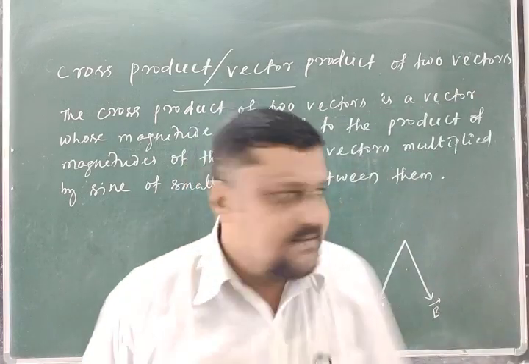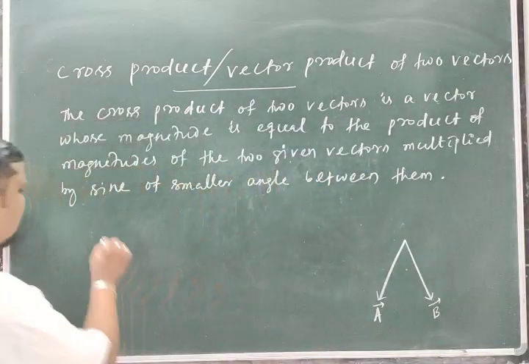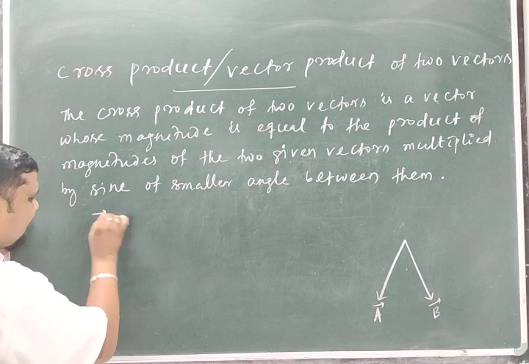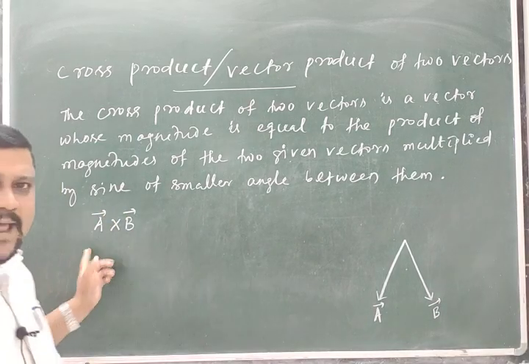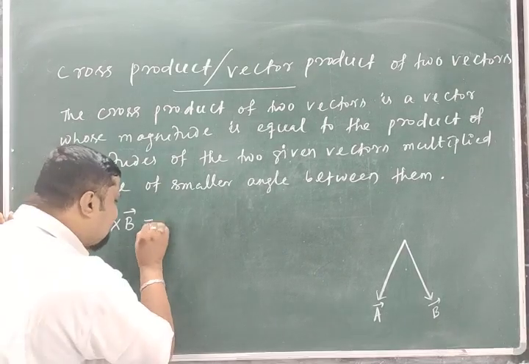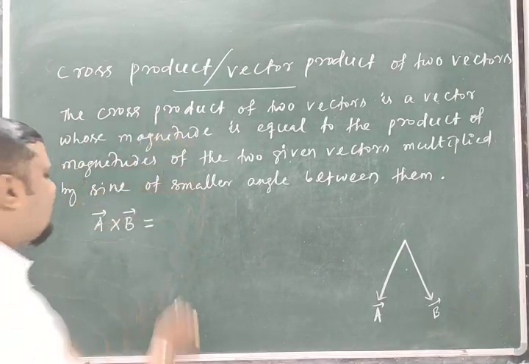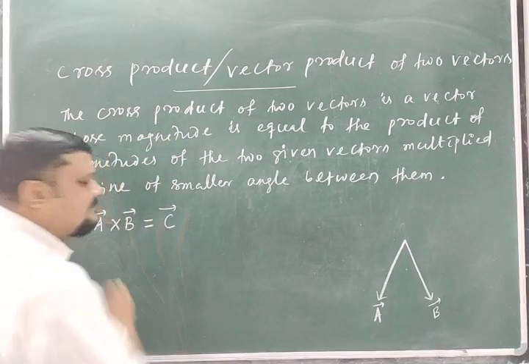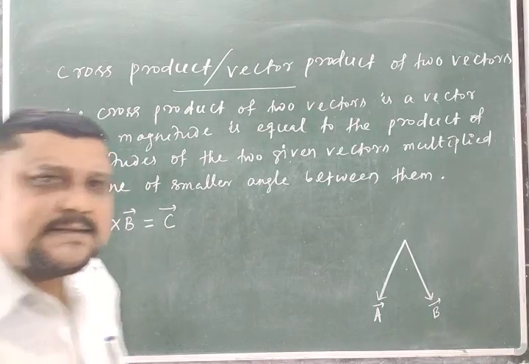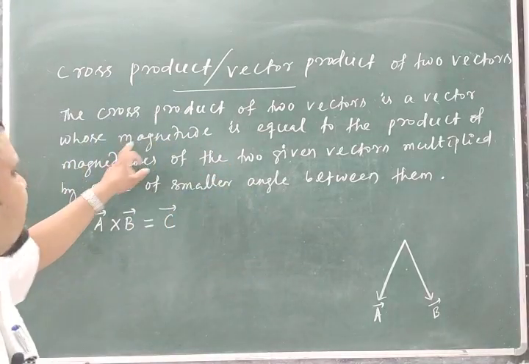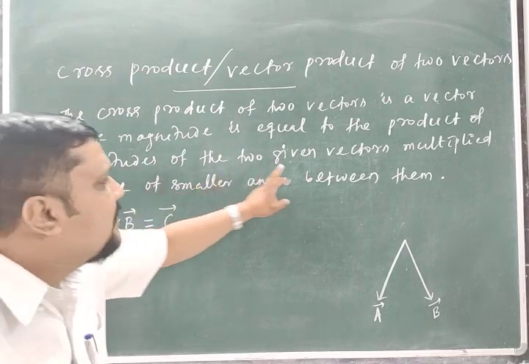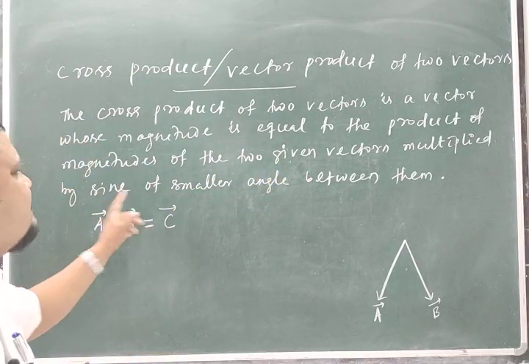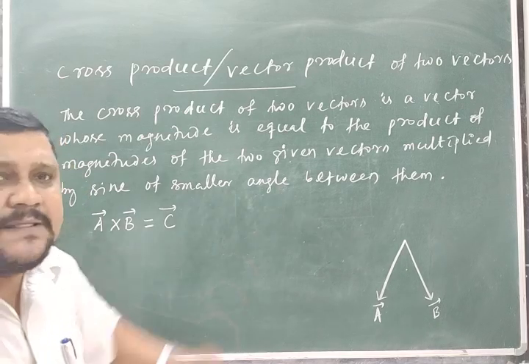So if A and B are the two vectors, then A cross B, we read this as A cross B is equal to a vector, let that vector be C, whose magnitude is equal to the product of the magnitudes of the two given vectors multiplied by the sine of the smaller angle between them.